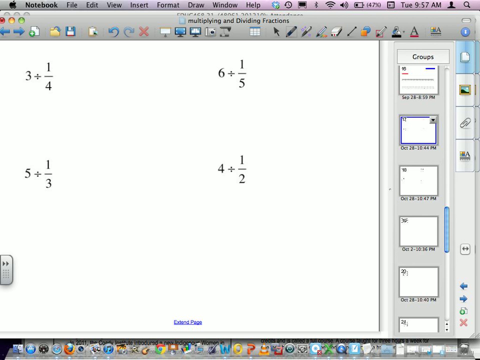Okay? How might I model this? Yeah? You might try 3 squares and then divide each into 4. I might draw 3 squares, and divide them each into 4 equal parts.